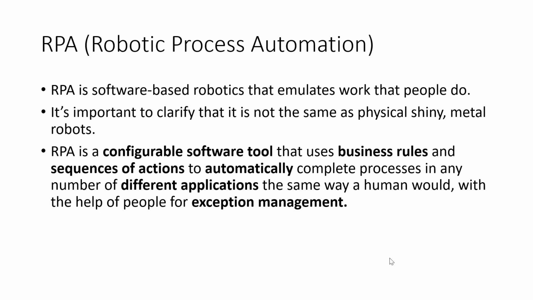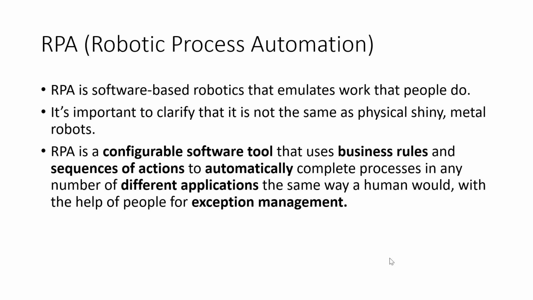So by combining all these steps, we can say RPA is a configurable software tool that uses business rules and a sequence of actions to automatically complete processes in any number of different applications, the same way a human would, with the help of people for exception management. So that's the RPA definition.